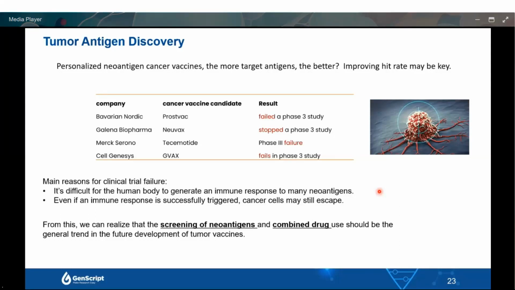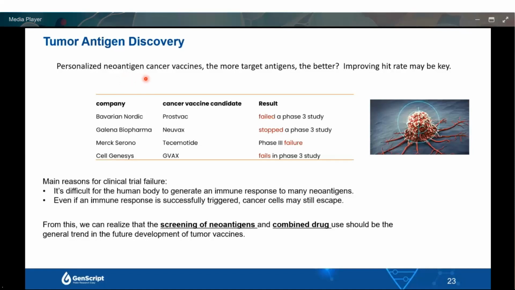Personalized means the antigen is a TSA, tumor specific antigen, and the neoantigen is one kind of TSA, an important part of TSA. So when we talk about personalized cancer vaccines, usually what we mean is that the antigen of the tumor is a neoantigen.